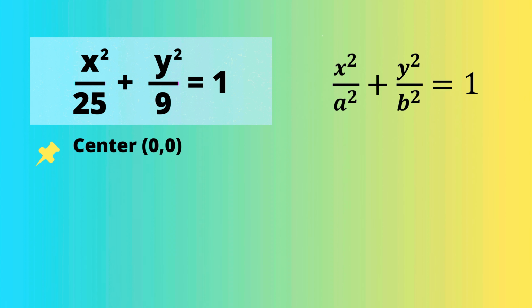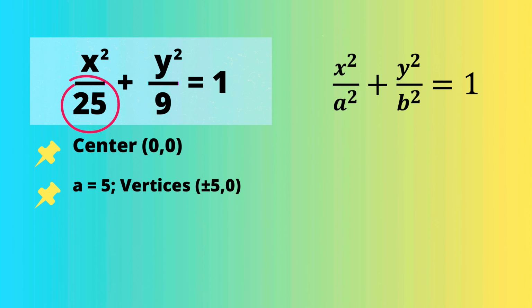How about if we're given the standard form of equation, and asked for the parts of the ellipse? This horizontal ellipse has a center at the origin, or (0, 0). A squared below x squared is 25, hence, the value of a is 5.